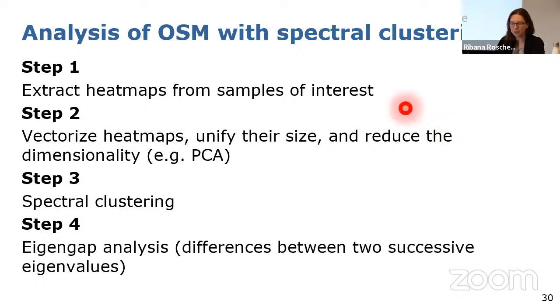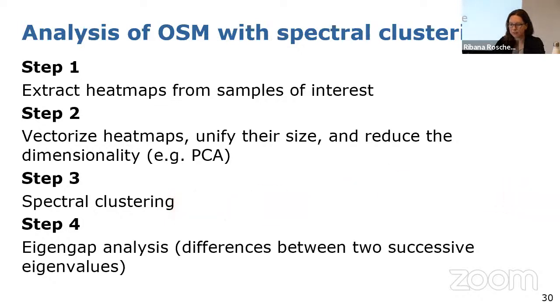First of all, what we did is extract the heat maps from samples of interest. It means a test data set. Then you vectorize the heat maps, unify the size, and then you reduce the dimensionality, for example, with PCA. It means you have these vectorized images, and then you delete all the dimensions where you have zero variance or close to zero variance. Then you perform spectral clustering.